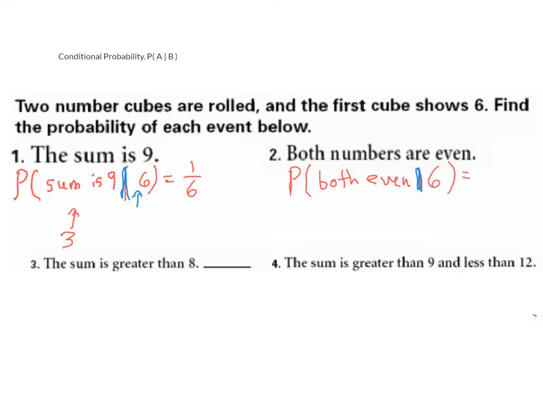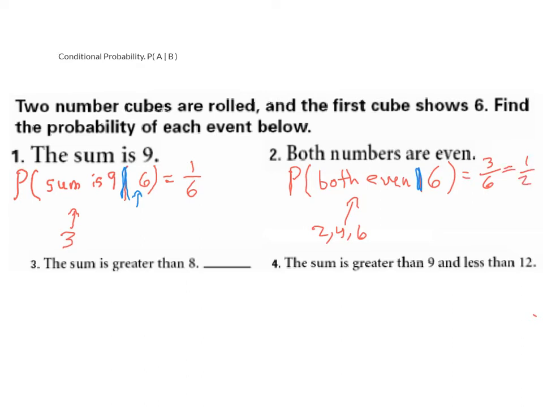So we have to think about what the other die could be. We already know that 6 is even, so this is going to happen. So this other die can be 2, 4, or 6. And so that's 3 options out of 6 total. So that's 3/6, or 1/2.